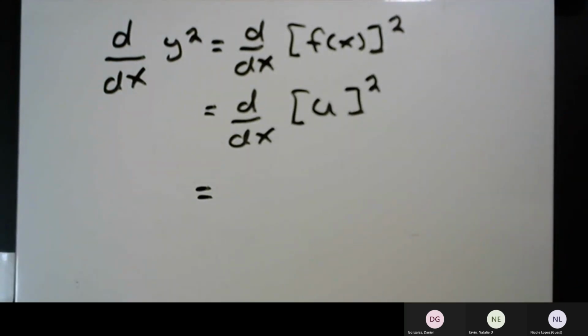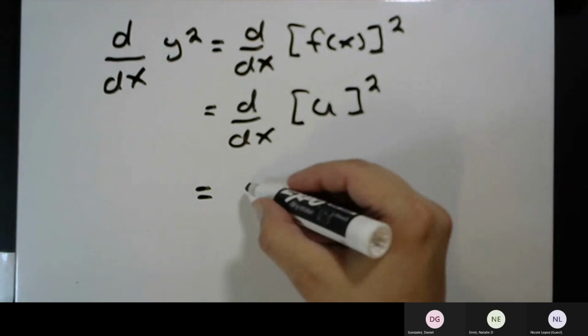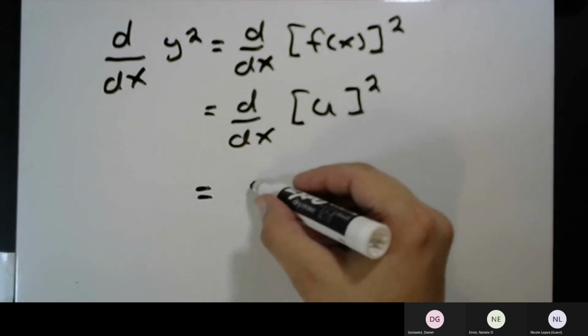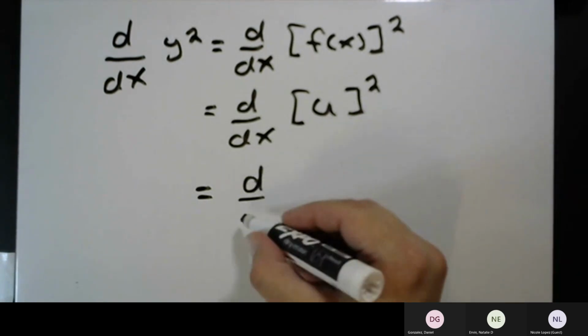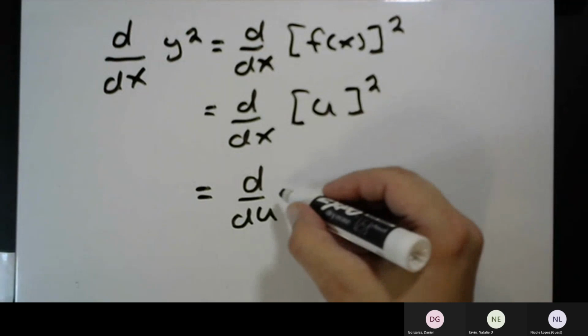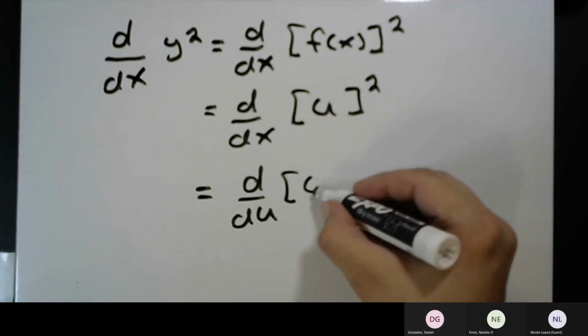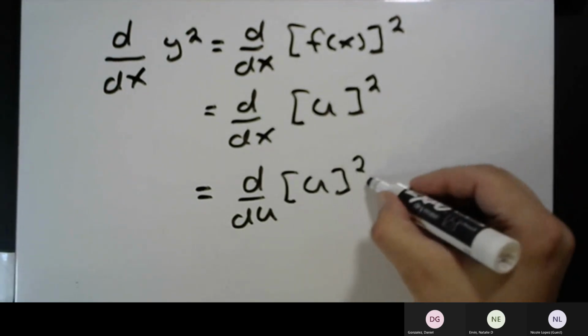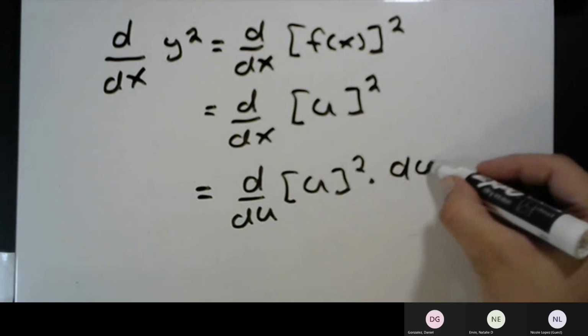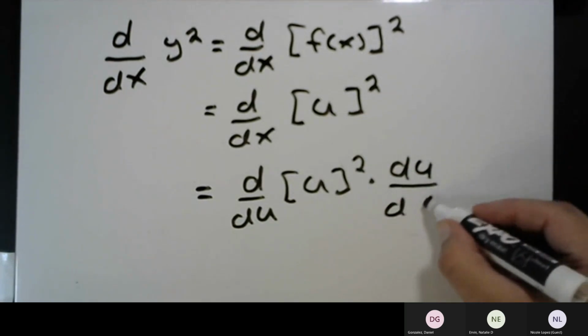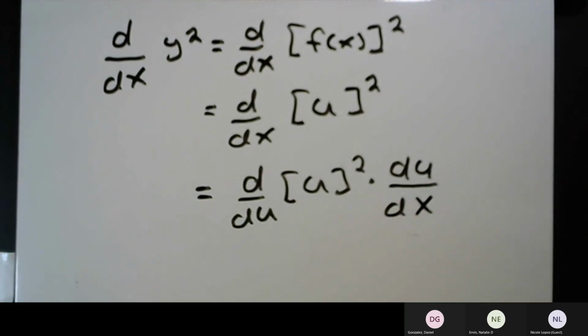So what this will give us is we're going to need to do d/du of u squared times du/dx. So we're going to treat y as a function of x.